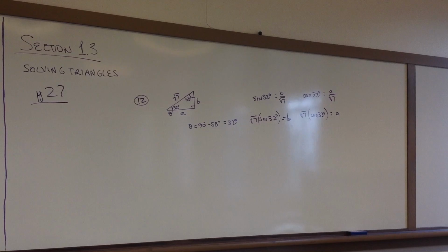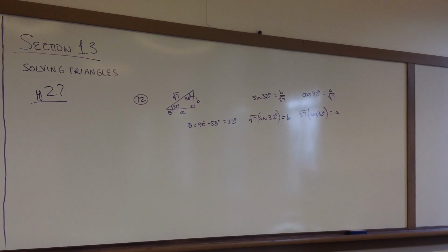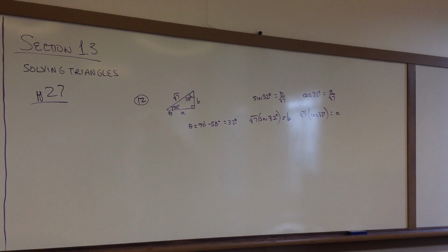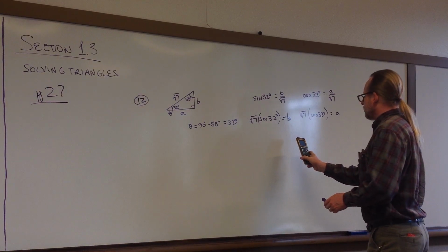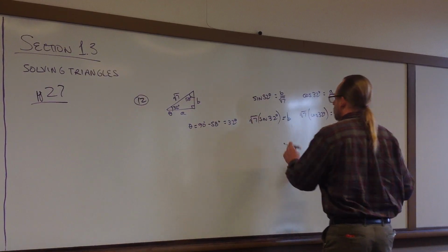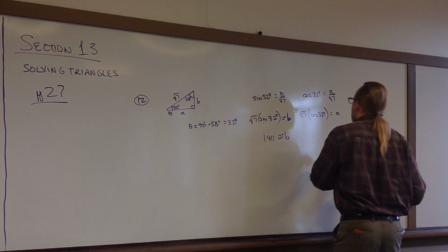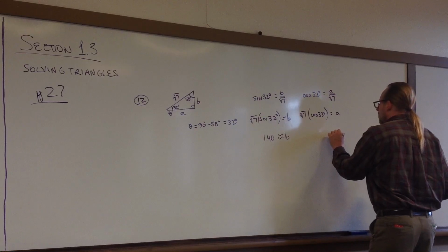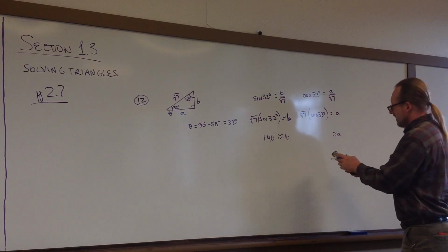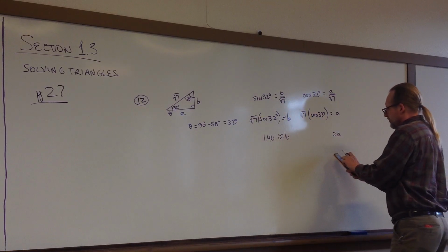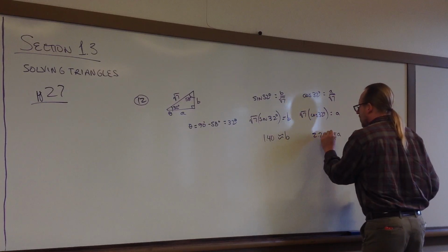So, let's see what we get here. Square root 7 times the sine of 32 comes out to be about 1.40. And then over here, A, square root 7 times the cosine of 32, 2.24.